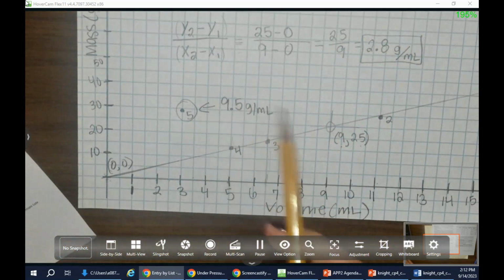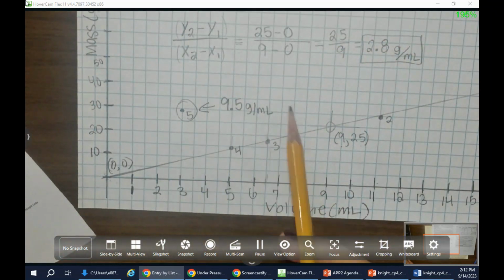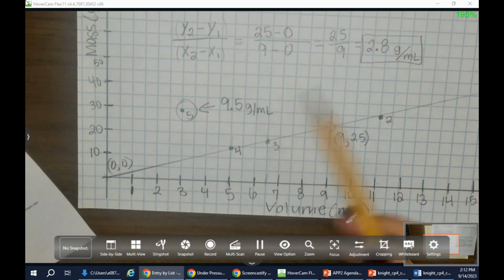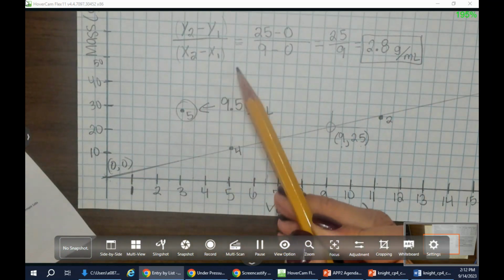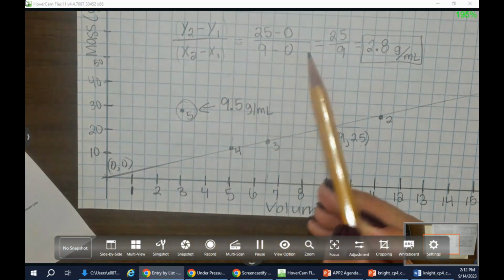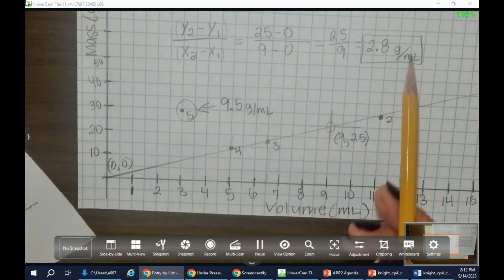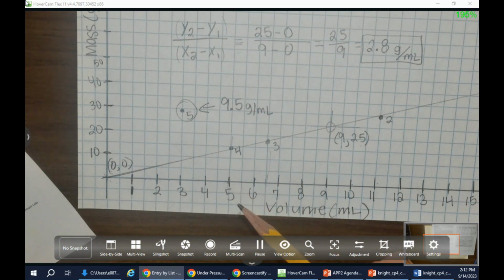Okay, so I did that with my calculation. Okay, so I can see that it's a higher density, because if I were to draw a line up to that, that's a steeper slope. Okay, so it's all about the slope. Your slope is equal to your density.